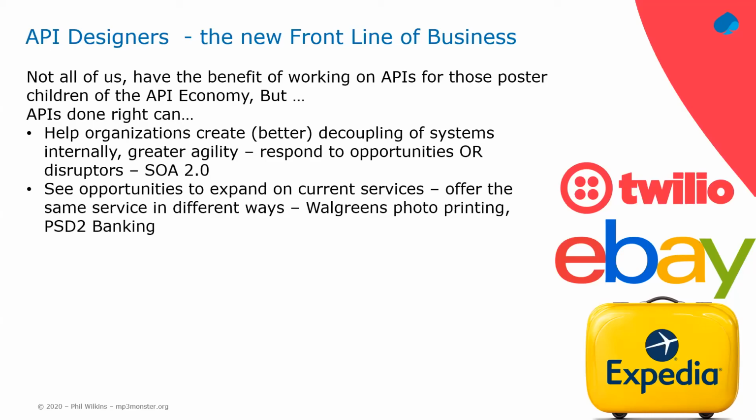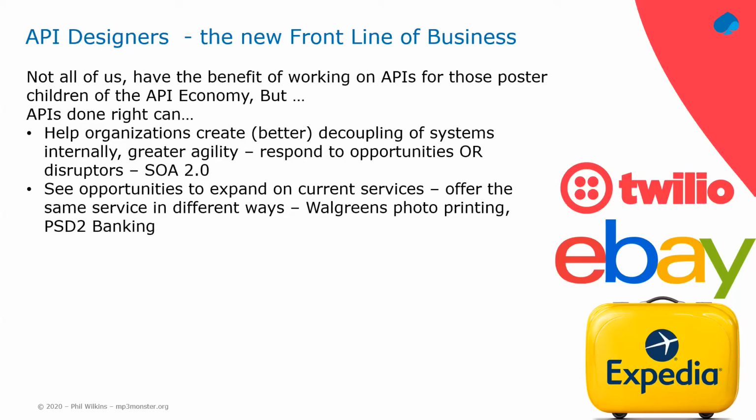Let's look at smaller examples like Walgreens, which had a fantastic story where they developed a new in-store photo printing service, and they decoupled it with APIs to make things nice, low coupling and flexible, and decided to dip their toe in the water and make the API publicly available.